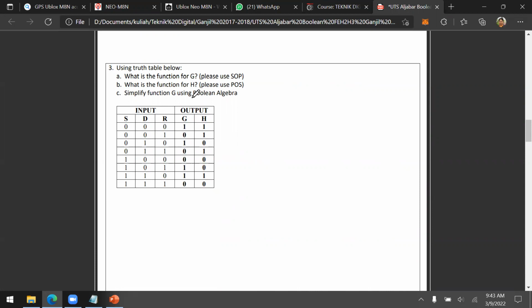What is the function for G? Please use SOP. Okay. SOP, that means we should use something like this. So, which members have 1? Here, here, and also here. So it's 0, 1, 2, 3, 4, 5, 6: members 5 and 6.